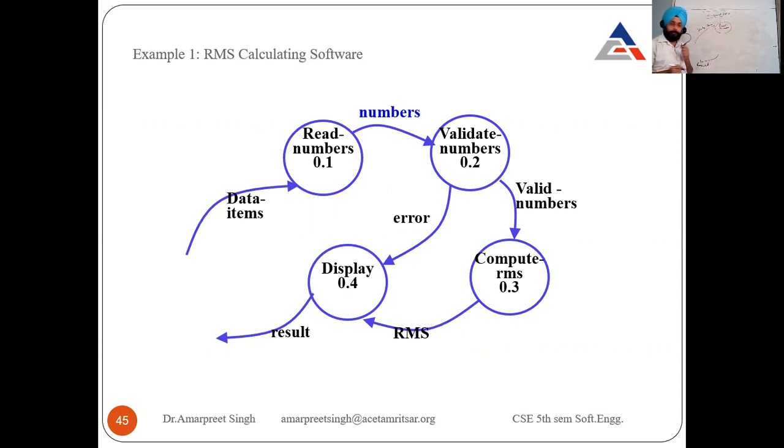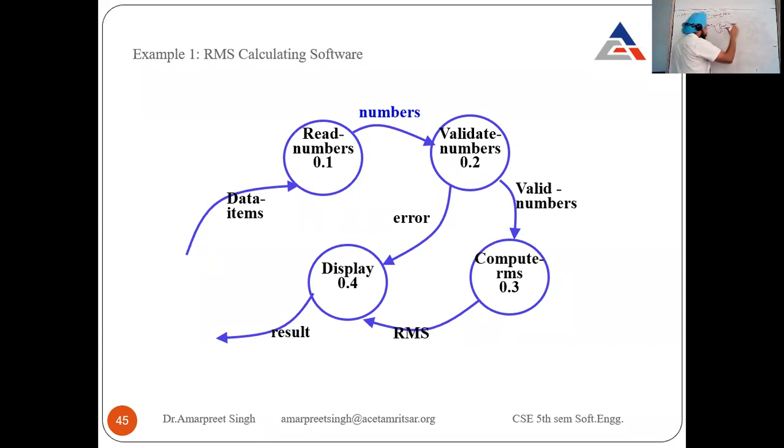It is level 1 DFD, therefore it is known as 0.1. It denotes level 1, and after the point we enter one number. This is how we number.